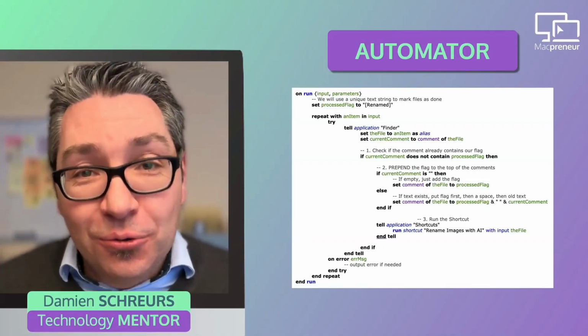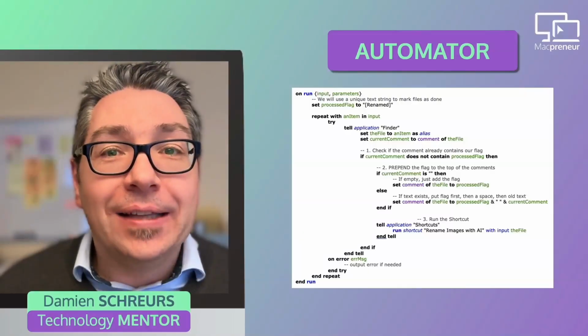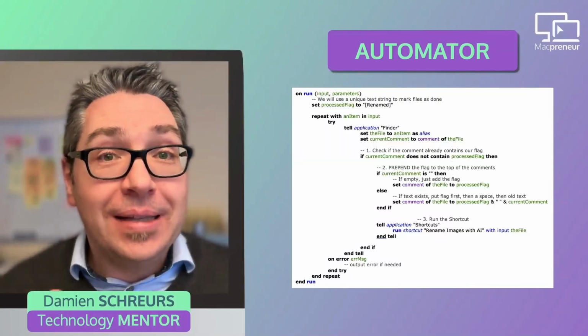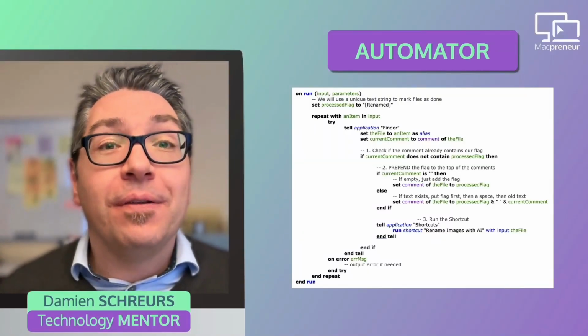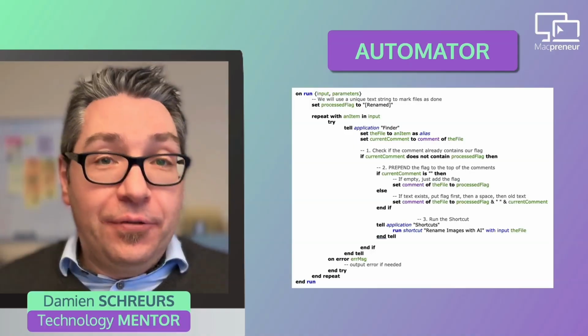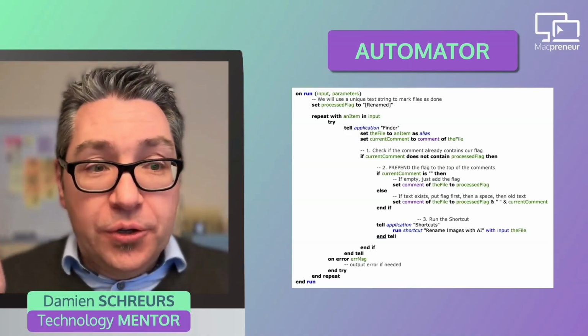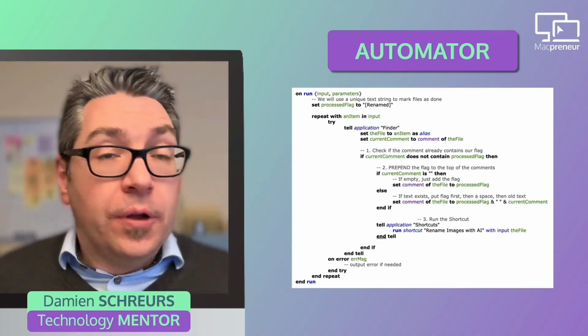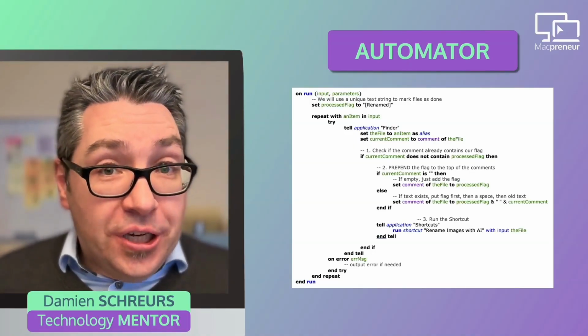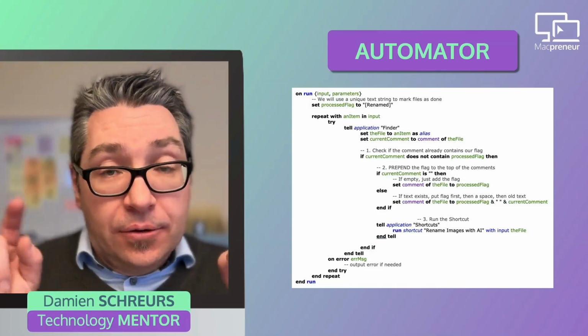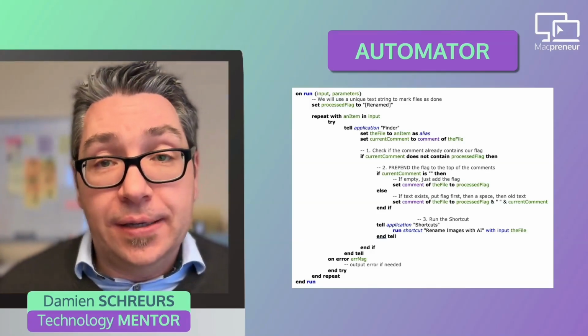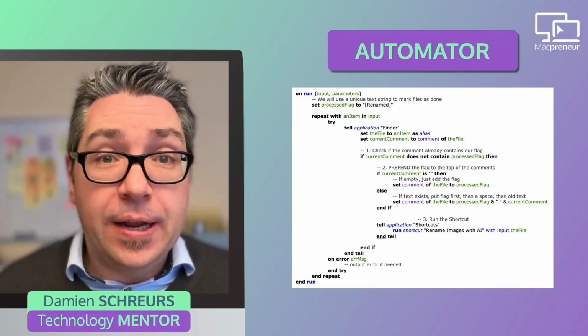The trick and the solution that I implemented was to add some text in the comments section of the image via Finder. So I've chosen "renamed" between square brackets. And so now Automator checks if it sees "renamed" between square brackets in the comments section of the file.